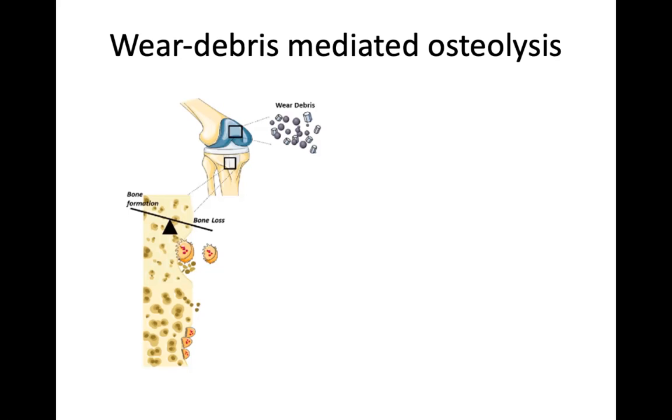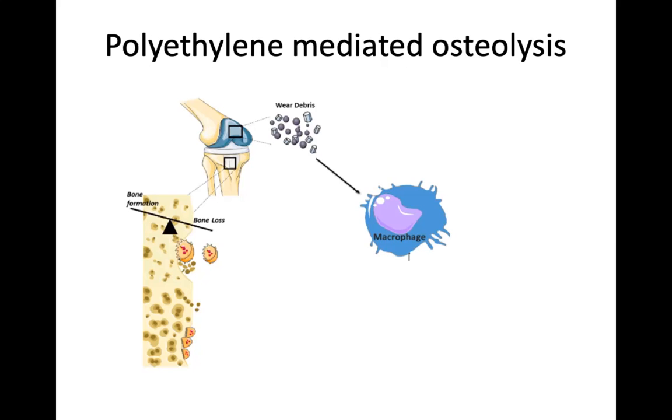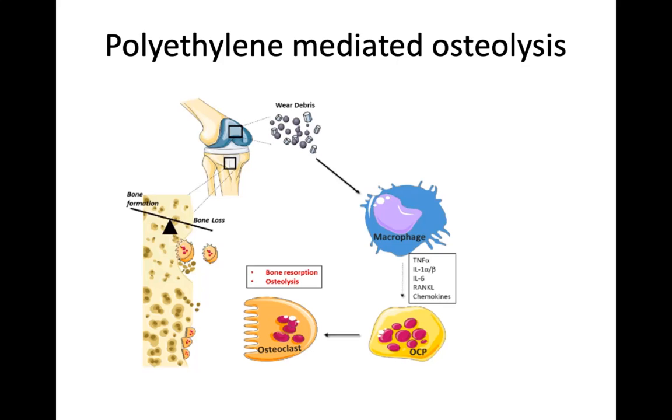There's wear debris, polyethylene for example, that occurs from an articulation. This is phagocytized by macrophages, which in turn stimulate osteoclast progenitors with inflammatory cytokines. These progenitors mature into osteoclasts, which resorb bone.